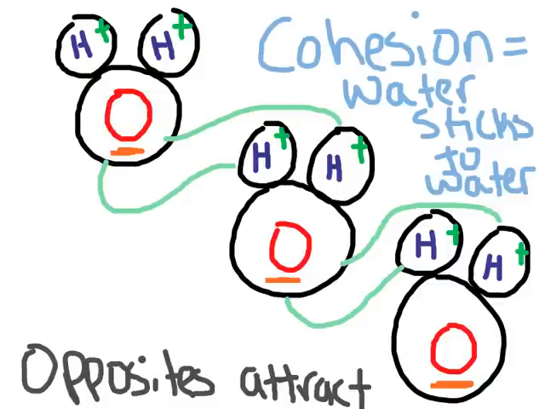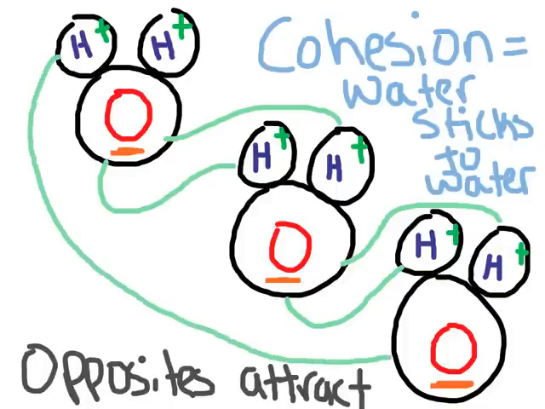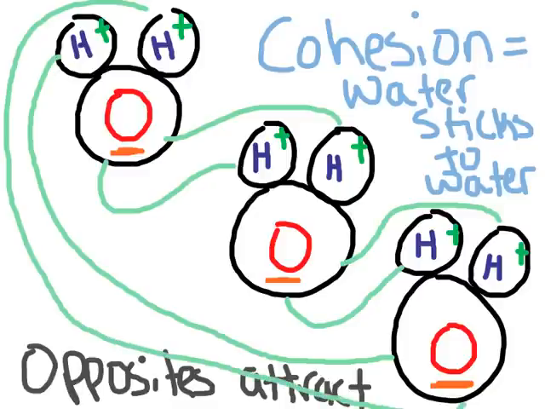Can you identify the last place where we need to draw in our bond? Good. Hopefully you noticed that these hydrogens up here at the top, their positive is going to be attracted to this negative down here, and so they're going to want to bond down here.